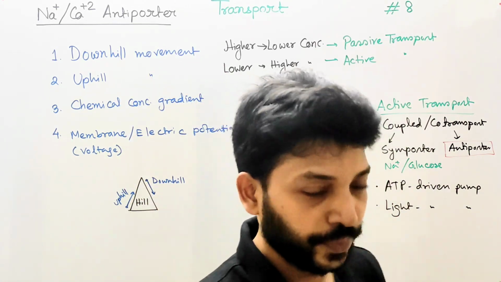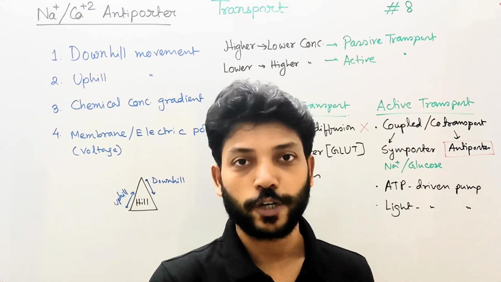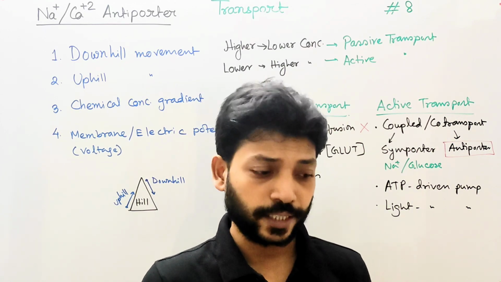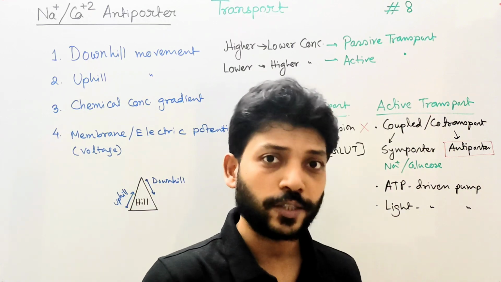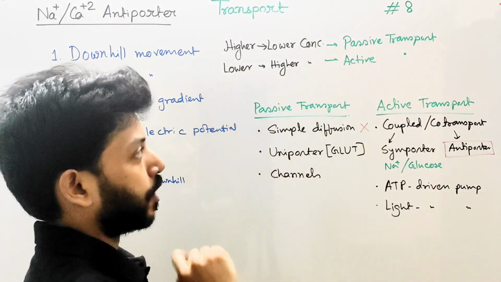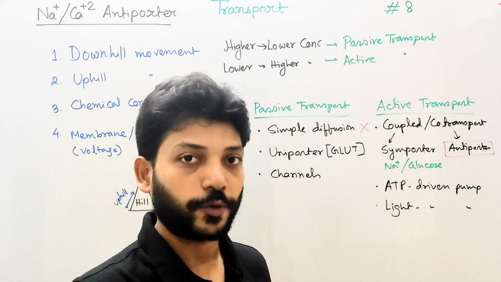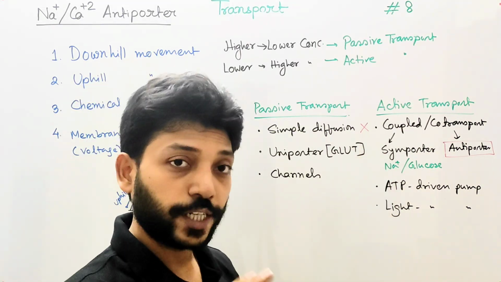So we have to understand that it is not necessary for molecules to move only from higher to lower concentration. Sometimes cells require that a molecule should move from lower to higher concentration, so it is called active transport, and for that they have different energy sources.